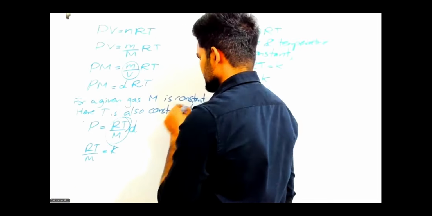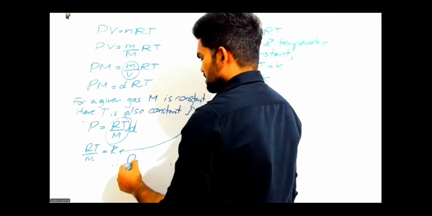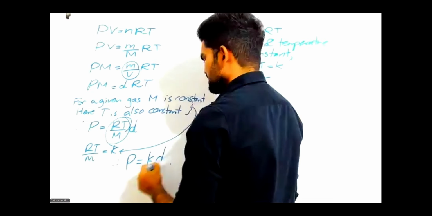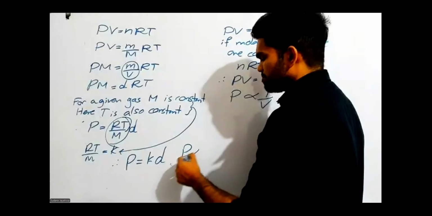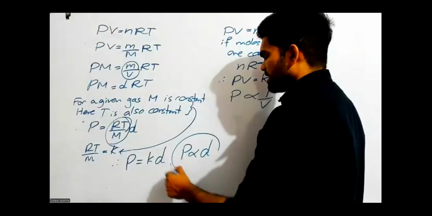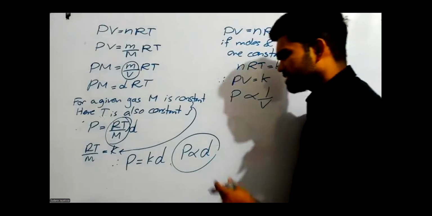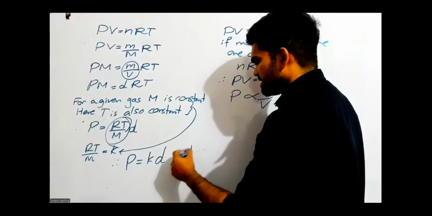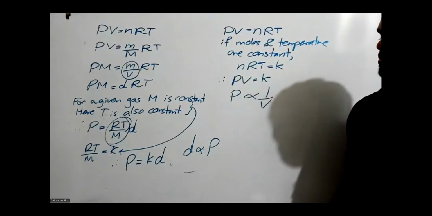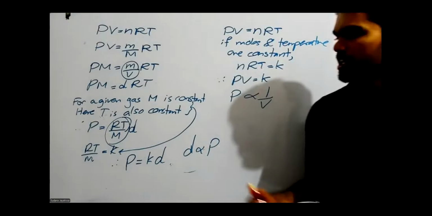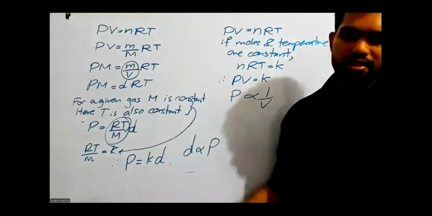Therefore, you can say P equals K d, K is a constant. So in other words, pressure is directly proportional to its density, or density directly proportional to pressure. That's what they asked, no? Density directly proportional to pressure. Understood? This will be only true if the molar mass is for the same gas and the temperature is constant.